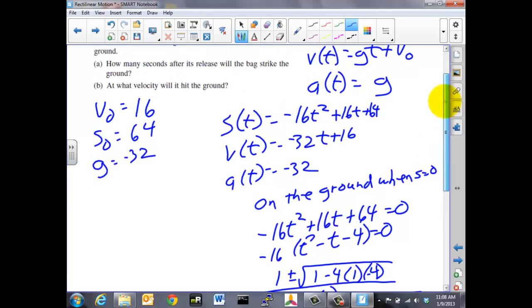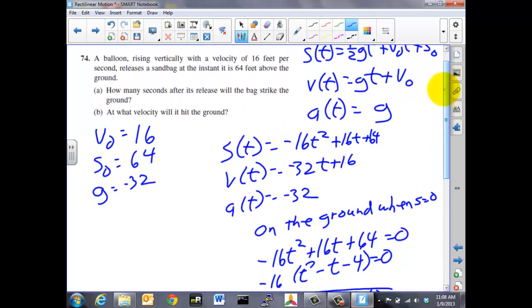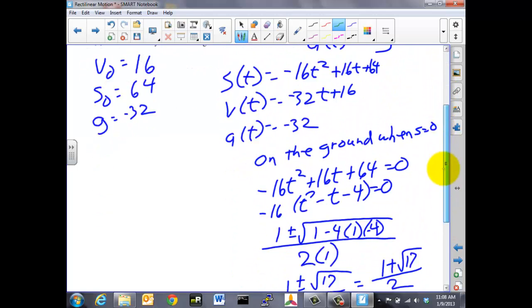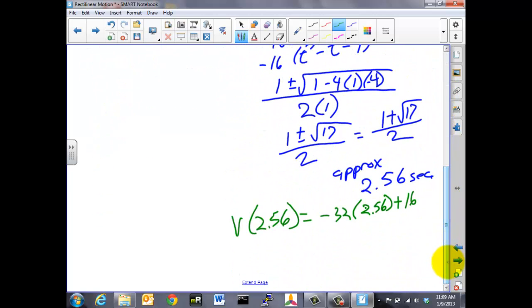So what do we do to find B part? Yep, find V of 2.56 for B part. V of 2.56 is negative 32 times 2.56 plus 16. Yep. So that's negative 64. Ooh, I don't know what that is.